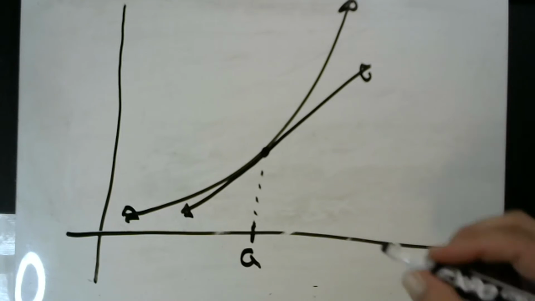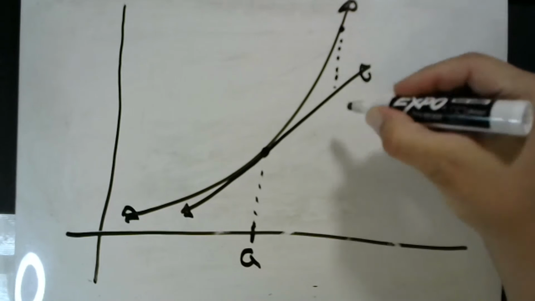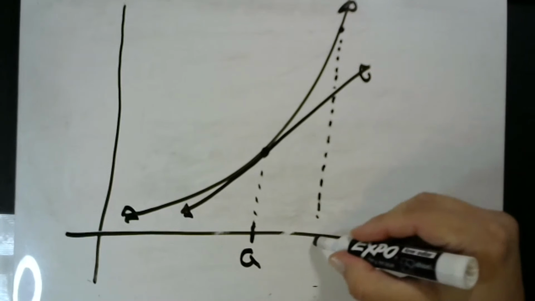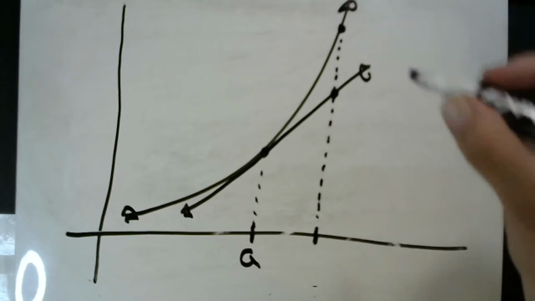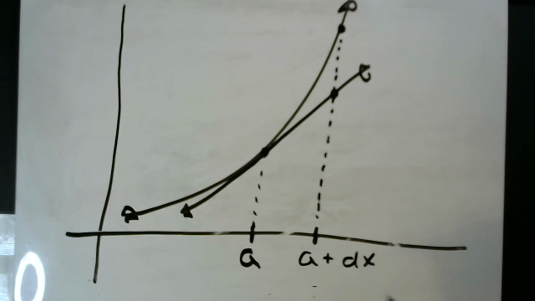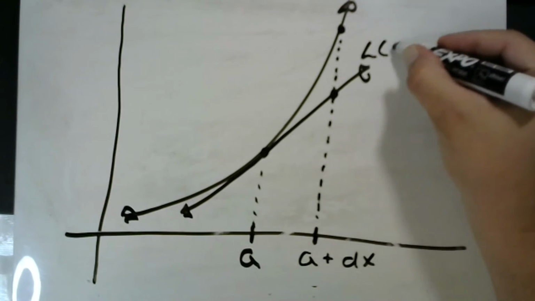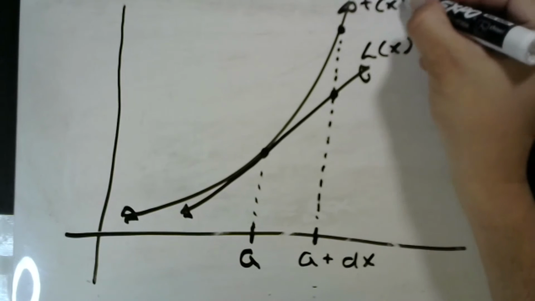So let's take a look at this. We're going to choose a second point here. There's this and this. This will be a plus dx, or a plus delta x, either way. So this is L of x, and this is f of x.